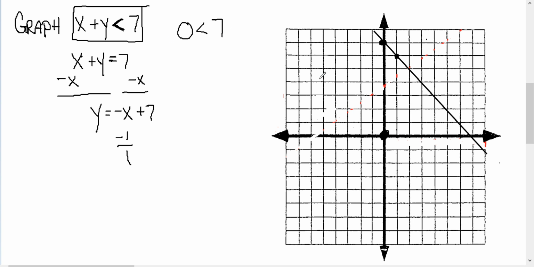So that is true, and it's going to be all the values that are below the line, including the 0, 0. One other thing: my line here should be dashed. I don't have a mechanism to give me a dashed line, but I will dash it this way.